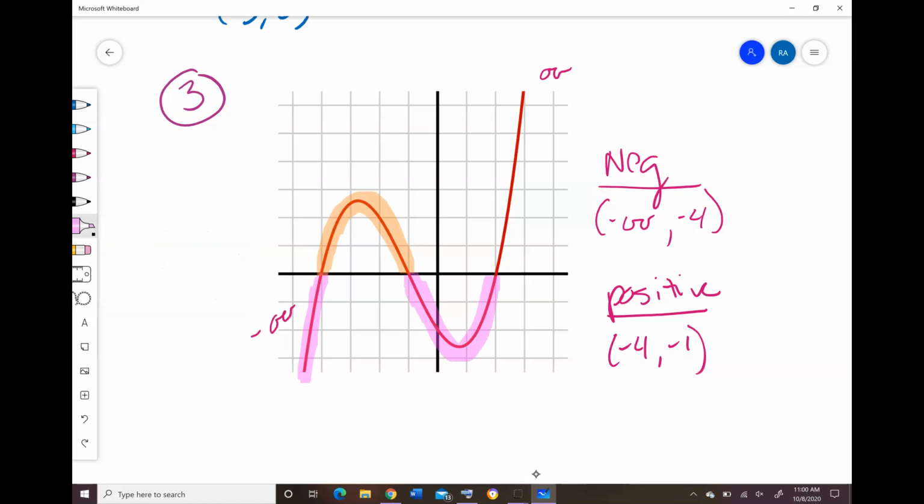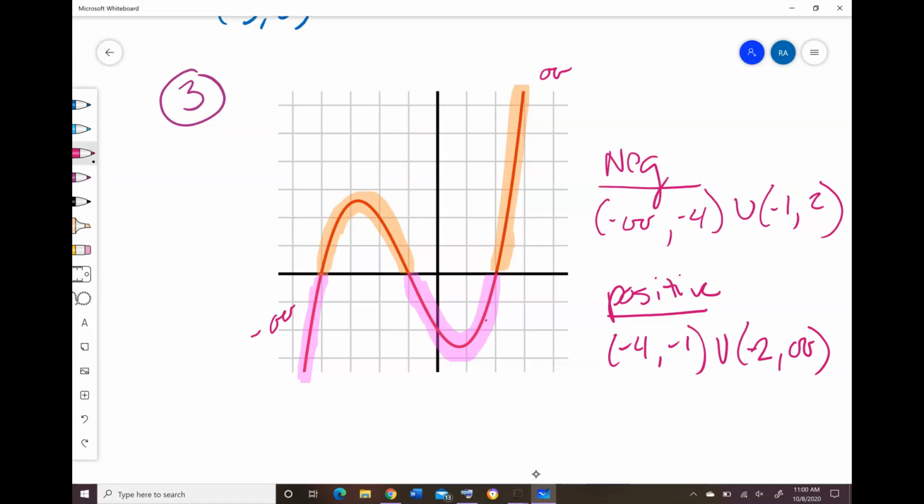I'm negative from -1 to 2. Then we switch one more time, and I'm positive. That's going to be positive from 2, not -2, I'm sorry, 2 to positive infinity.